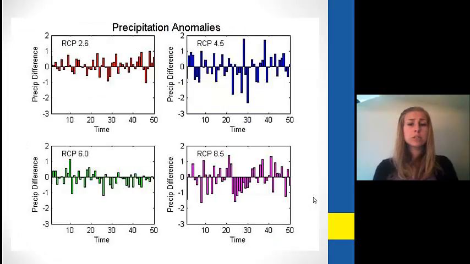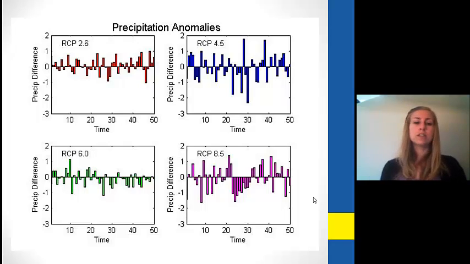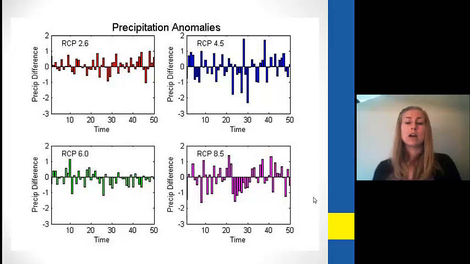And then for the anomalies, it shows a strong sporadic pattern between positive and negative from that 1950 to 2000 mean. So because it's so sporadic, there is no trend in precipitation patterns before 2050.